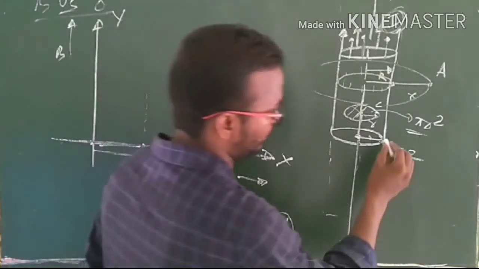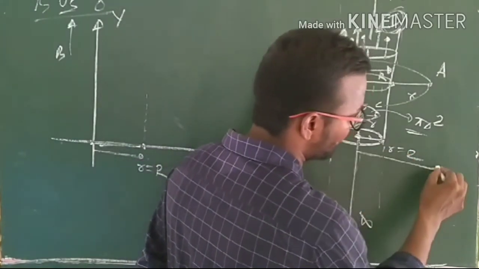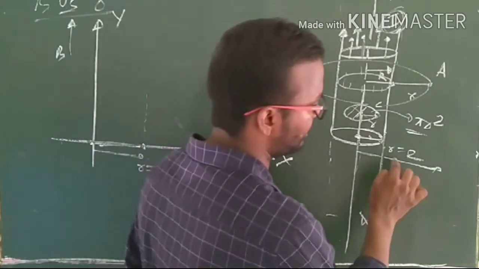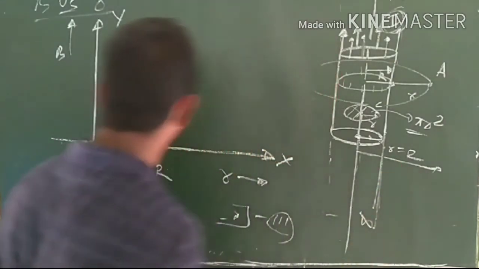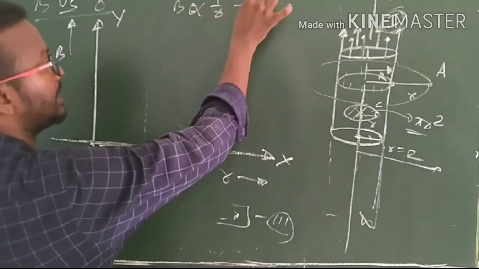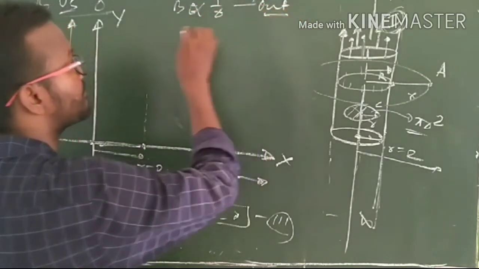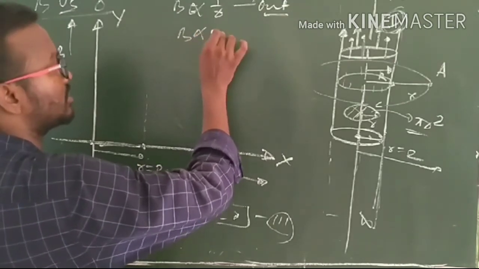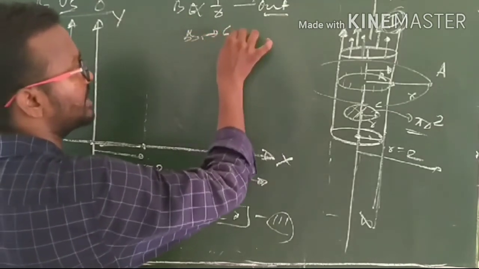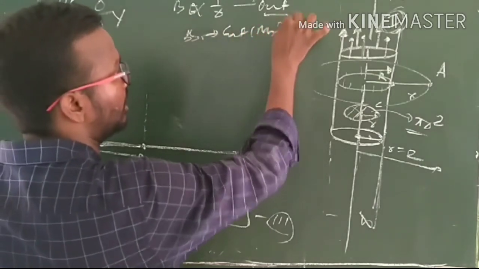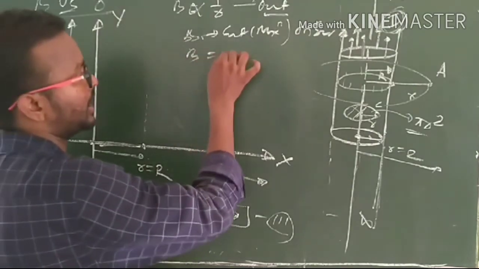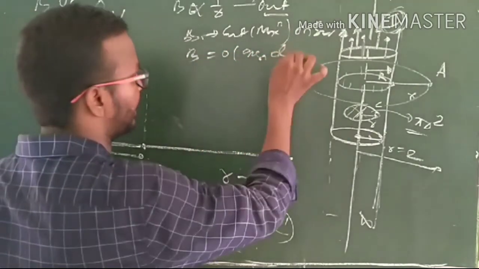Next, if we increase the distance beyond the surface of the hollow cylinder, the magnetic field strength decreases. That means B is inversely proportional to r, that is, proportional to 1 by r. For outside points, B is maximum on the surface and B equals 0 inside.